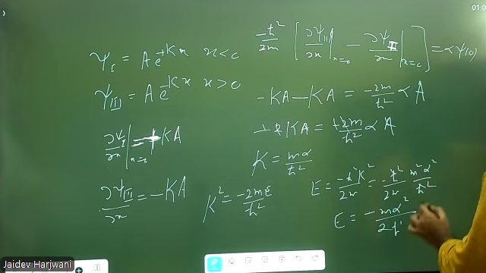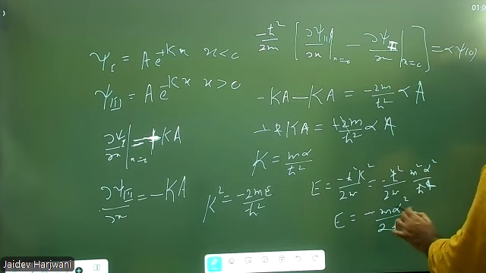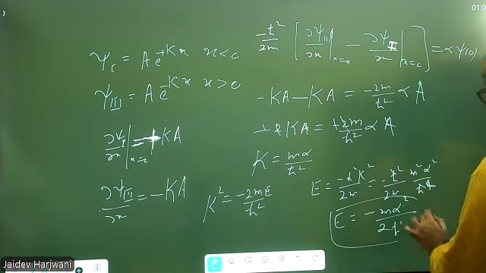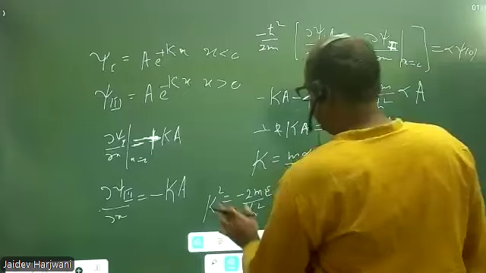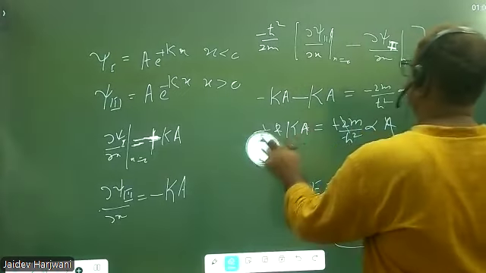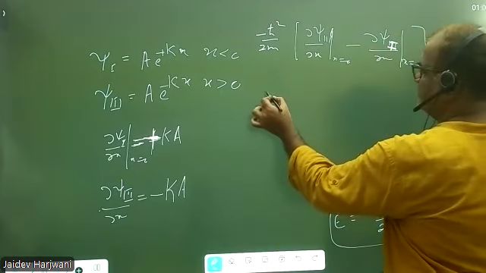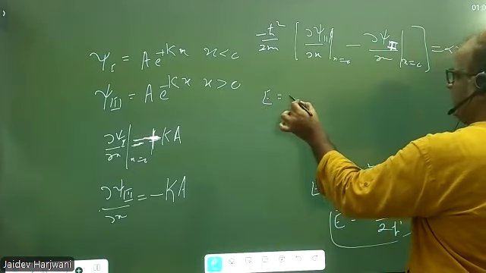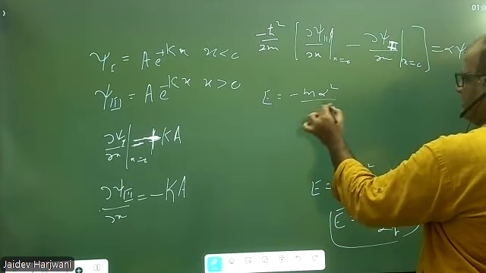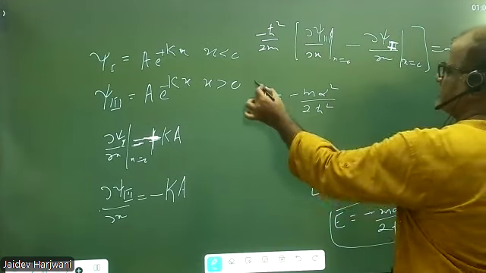This become h cut 4. So this will be minus m alpha square upon 2. This is correct. Okay, I was getting confused. This is correct. So now here we have the energy value. So energy value is minus m alpha square upon 2 h cut square.